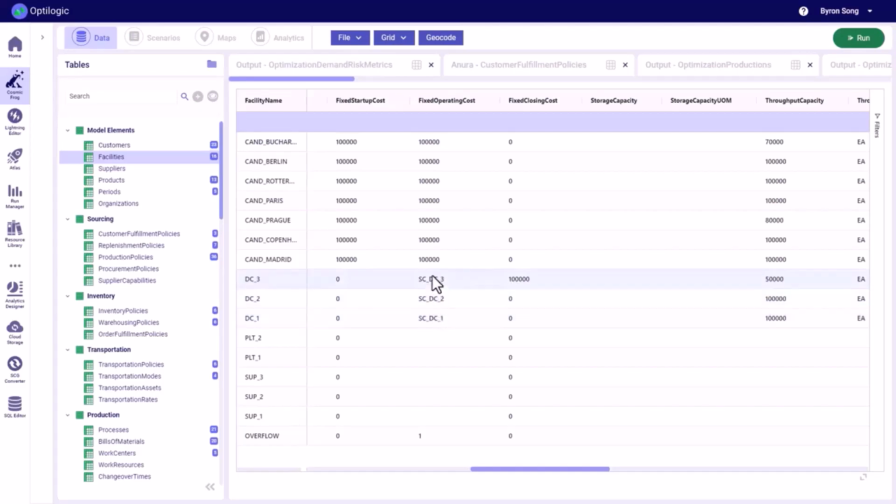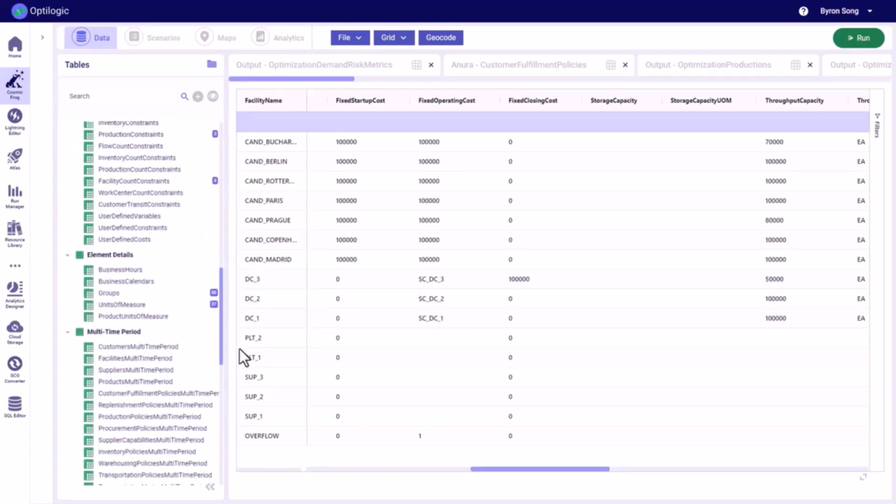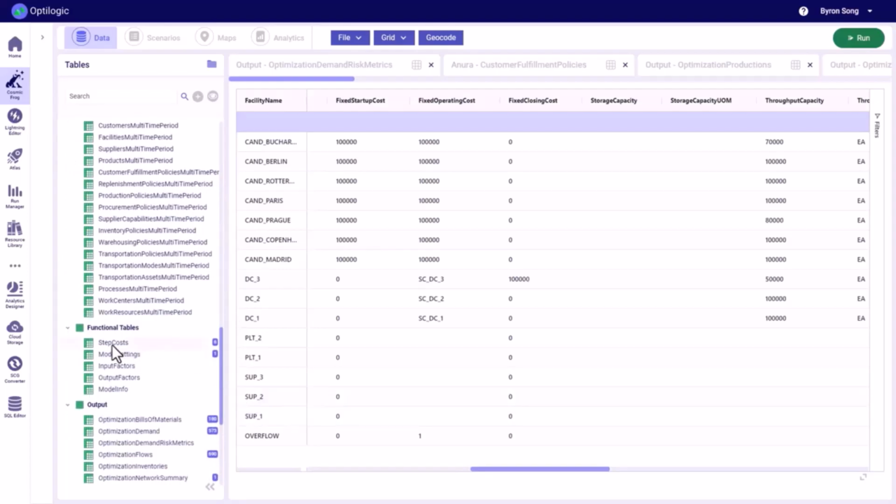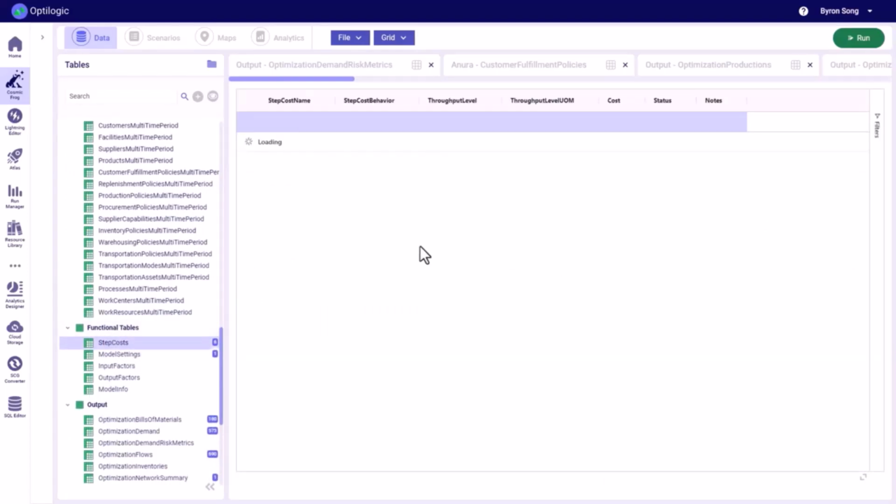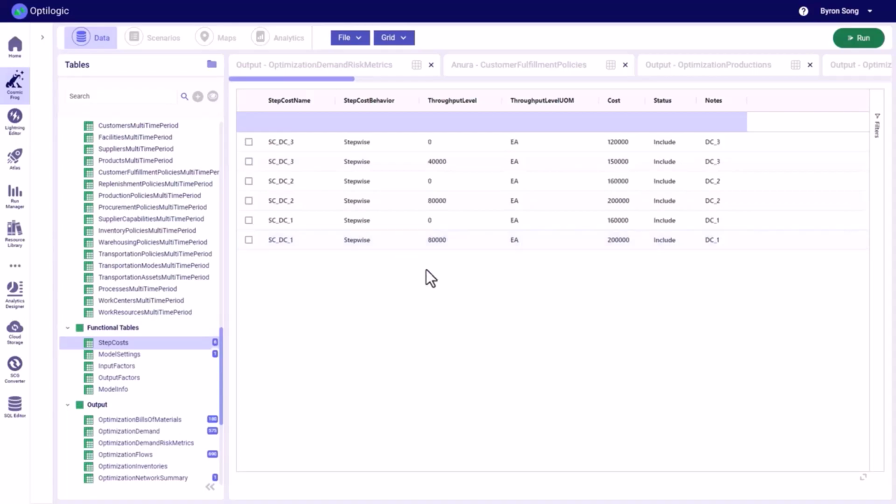Another interesting setup here is the fixed operating cost for the existing DCs is set up as a step cost. And we can go to the step cost table to review that. So we know the throughput capacity of DC1 is 100,000, and this step cost incentivizes the model to keep a better balance between the DCs.